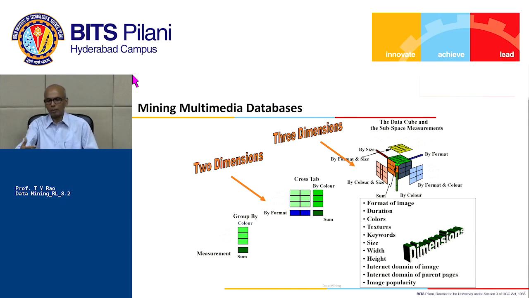It's easy to represent, but beyond that, it's difficult to represent. As you can see here, there can be several forms of dimension examples. These are mostly related to the picture, but for other multimedia objects, we need to identify those dimensions and carry out the multidimensional analysis.